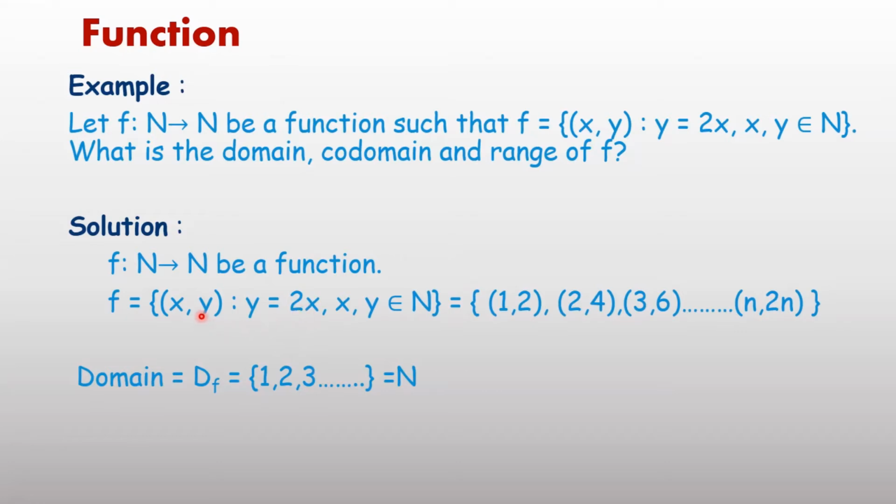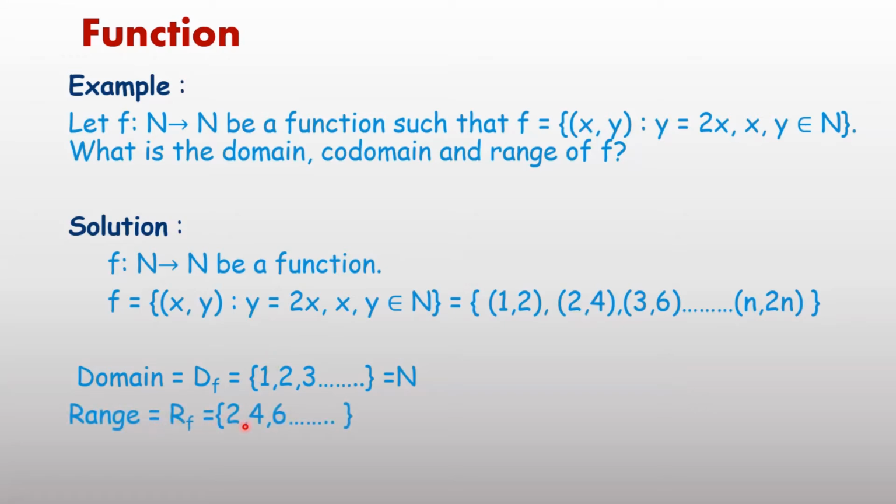Now range. Range means values of y for different values of x. If x = 1, y = 2; x = 2, y = 4; x = 3, y = 6. It implies the values of y you are getting are 2, 4, 6, or 2n, meaning even numbers. That is the range.